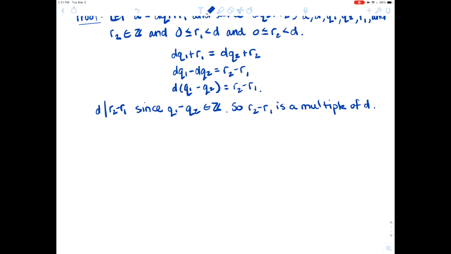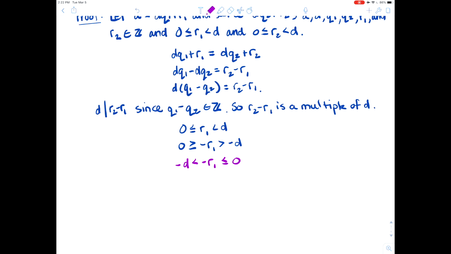Okay, let's work with the inequalities now. So we know that 0 is less than or equal to R1, which is less than D. If we multiply each side by -1, we'd still have 0, but then it would be greater than or equal to negative R1, which in turn would be greater than negative D. So rewriting it, we would have negative D is less than negative R1, which is less than or equal to 0.